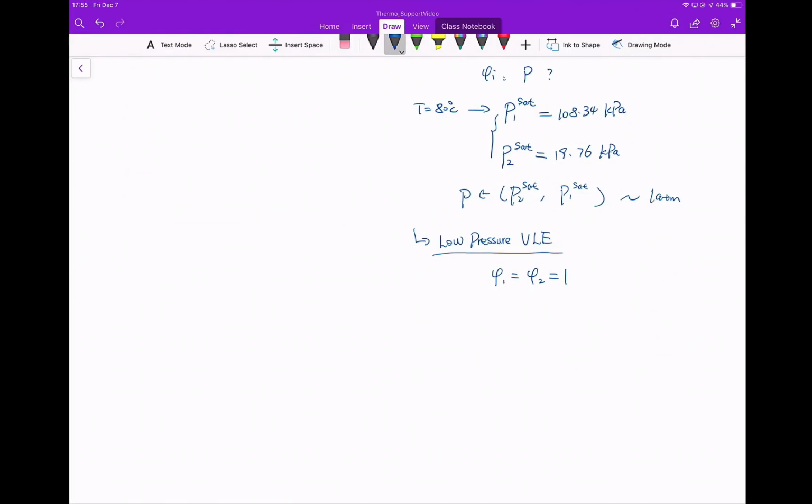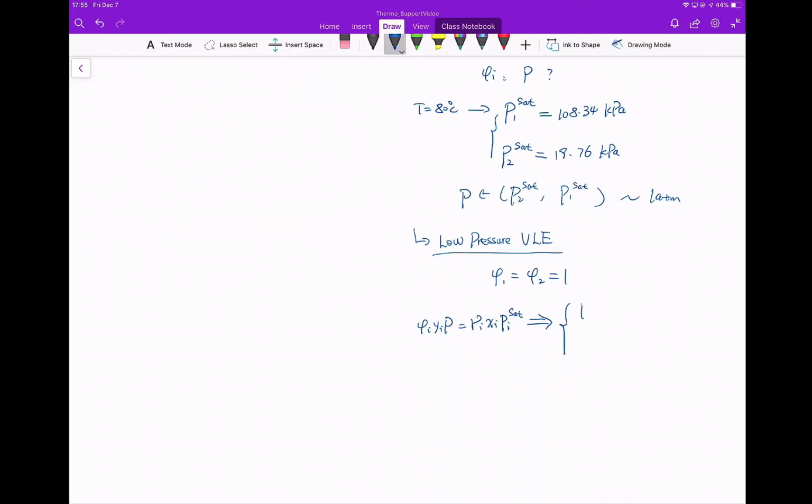So if this is the case, then from the general equation, phi i yi P is gamma i xi Pi sat, we have the simplified form.